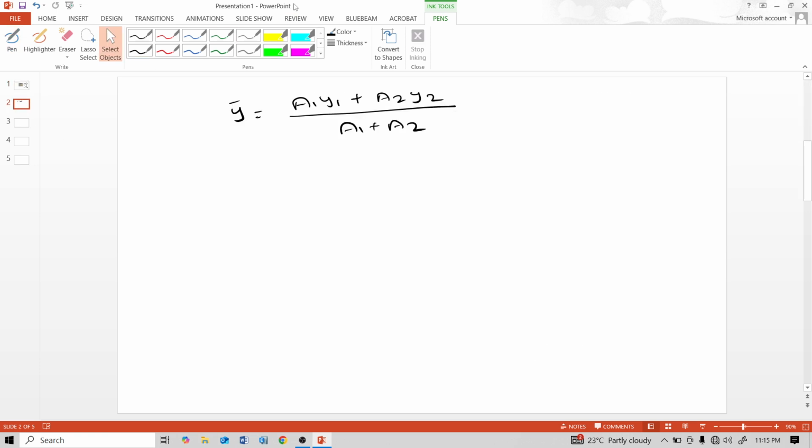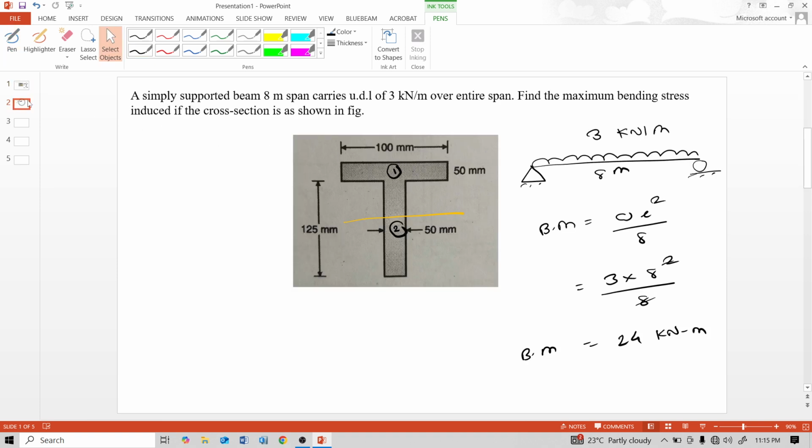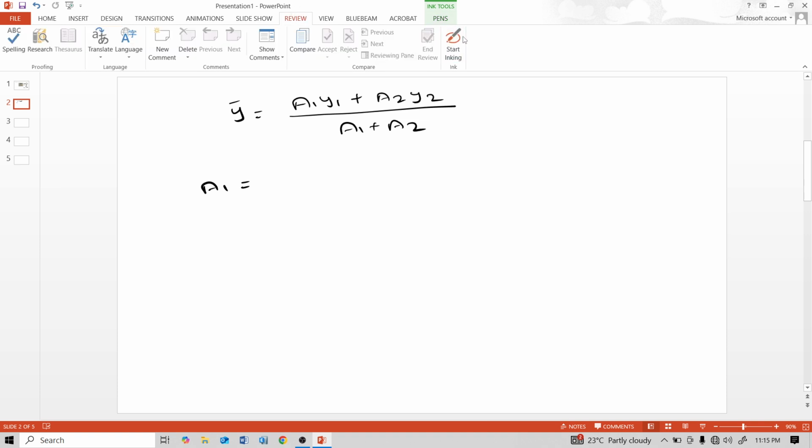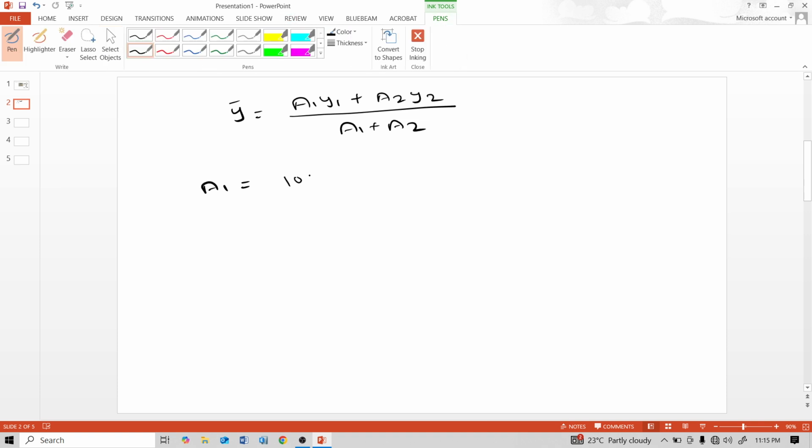That means A1, the area of the flange, is 100 mm into 50 mm, that means 5000 mm square.